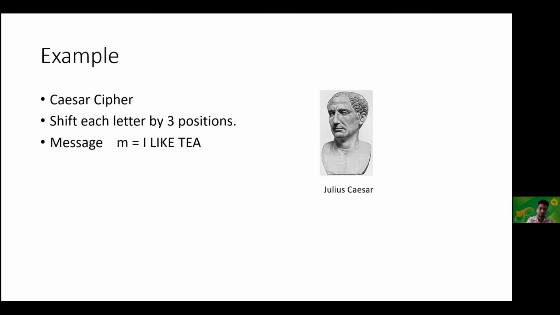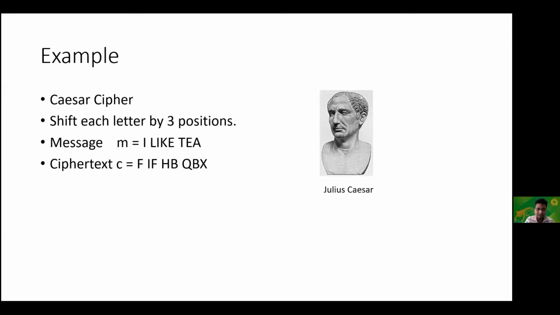For example, you have a message, I like tea, and then you want to encode it. What you do is you replace I with F. F is F, G, H, I. So 3 steps, GHI, 3 steps previous to the current letter. So all the letters are replaced by the third letter to the left.